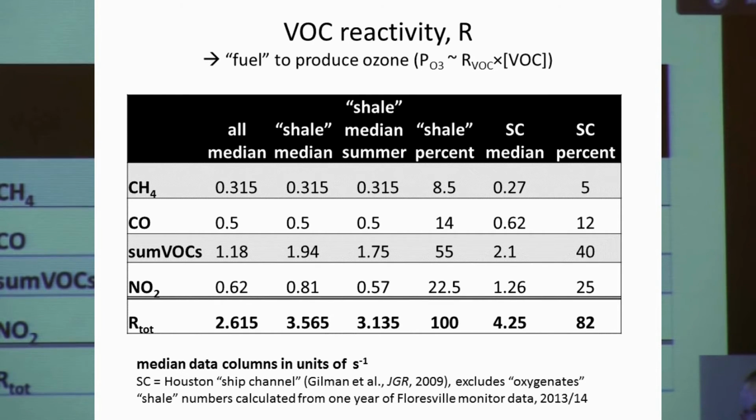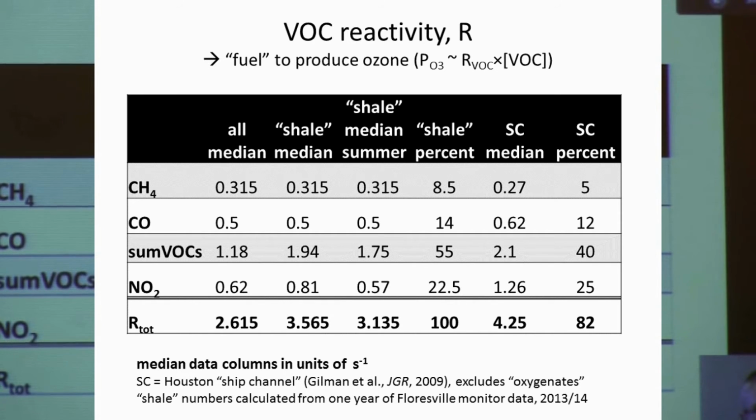So what I've plotted here is reactivity, which could be called the fuel to produce ozone. It's essentially the sum of the kinetic reaction factors for the individual VOCs times their abundance, integrated over particular time periods.